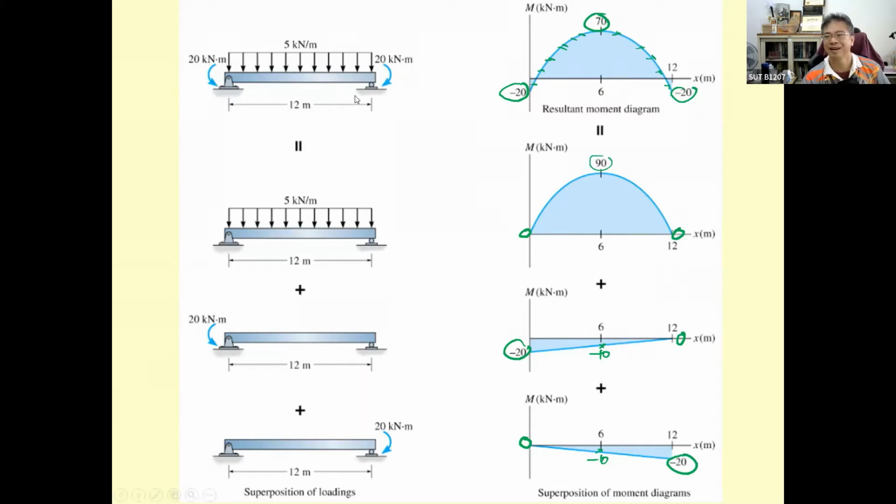So the principle of superposition simply allows you to separate the beam, the structure that's subjected to three different kinds of loading, into simple cases, and then you combine them together to get the result.